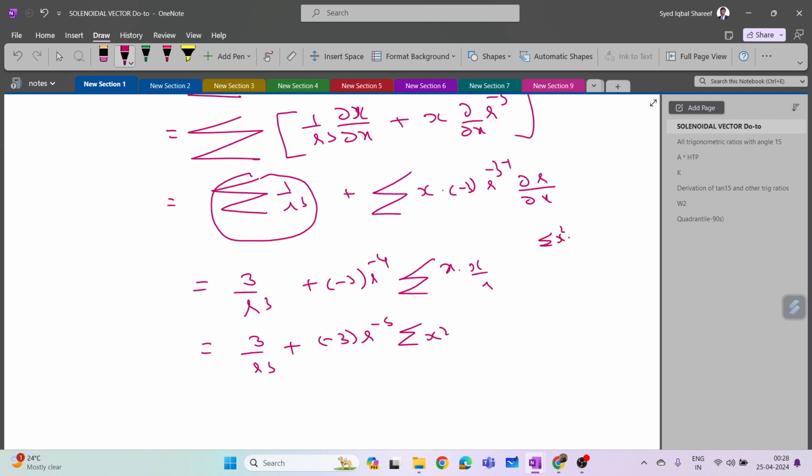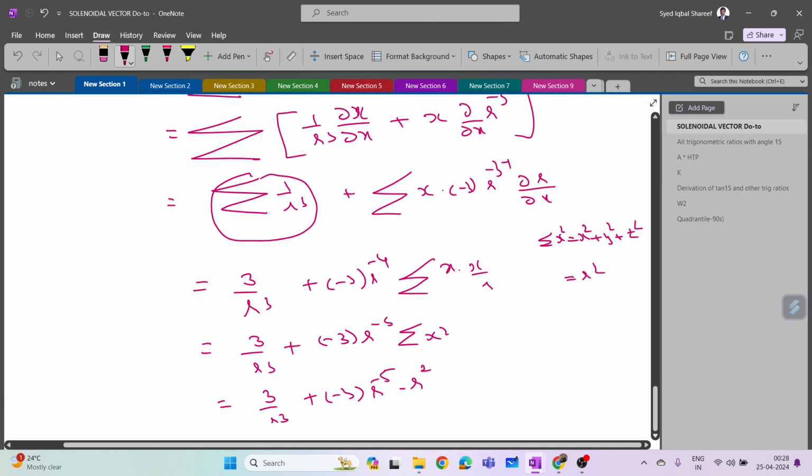You see summation x² means x² plus y² plus z² which is same as r². So 3/r³ minus 3 r^(-5) r².